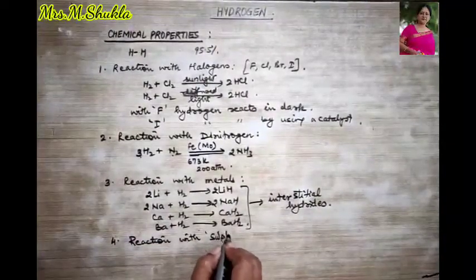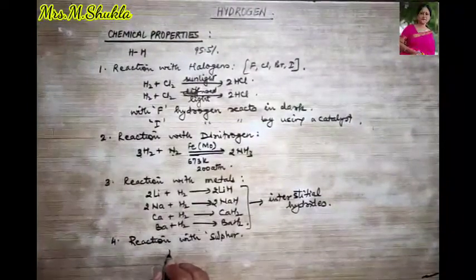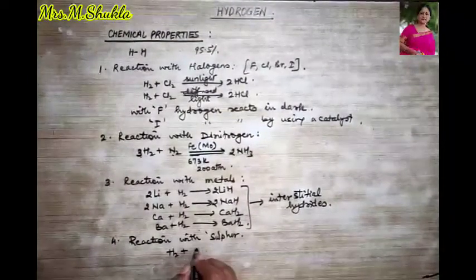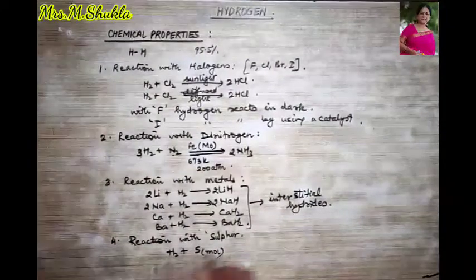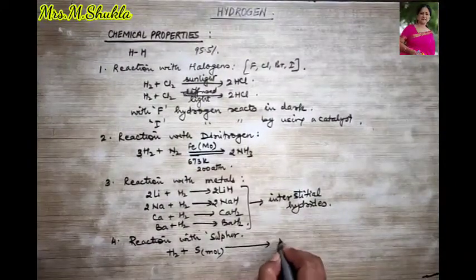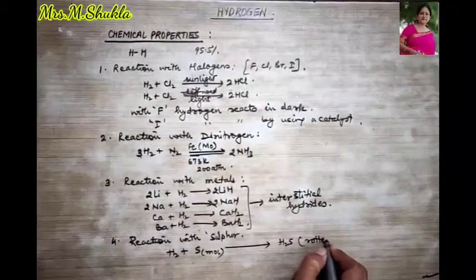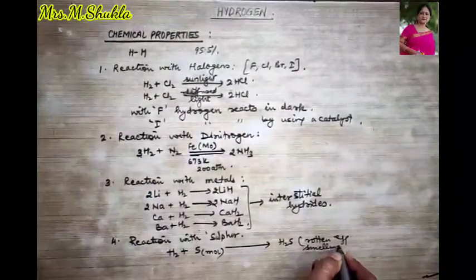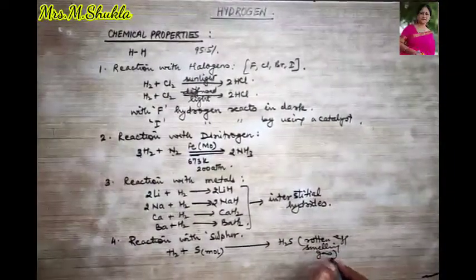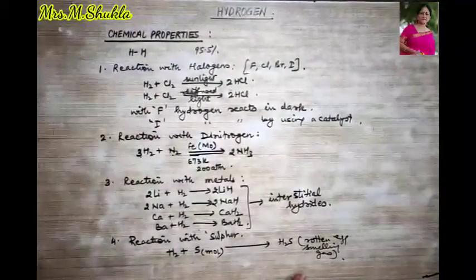Let me write it like this, with sulfur. Hydrogen combines with sulfur in its molten state, right? And gives hydrogen sulfide, which is a rotten egg smelling gas. Clear? So this was the reaction with sulfur.